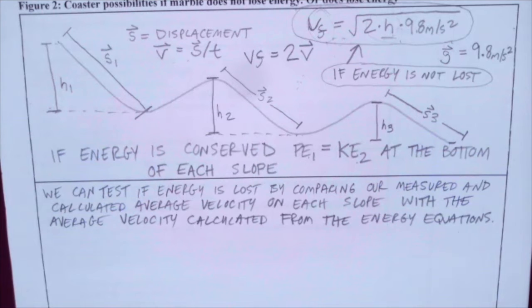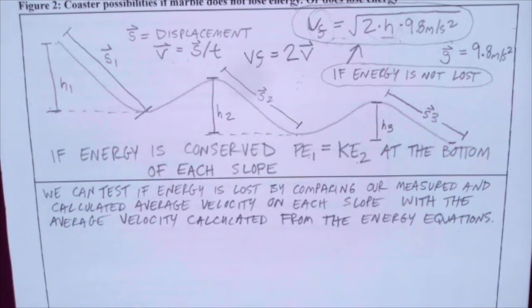Okay, so the point being here, there are two ways to verify your hypothesis. Way number one is by trying to make these as high as you can when you build it and explaining if I am correct and energy is not conserved, I will have to make each hill or each slope higher than the hill that follows it in order for the marble to be able to go all the way through, right?